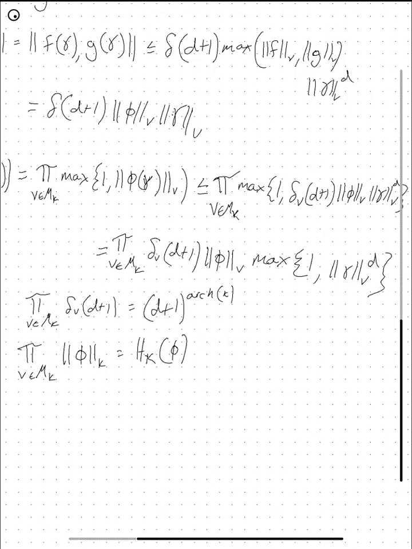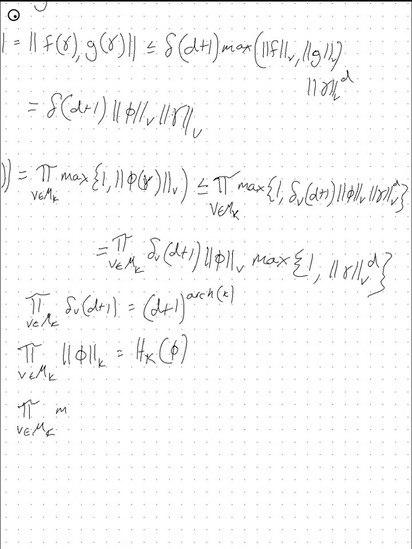And the last piece is our definition for the height of gamma to the d. And we can pull out the d because everything here is multiplied together, so it would be the same in either case.